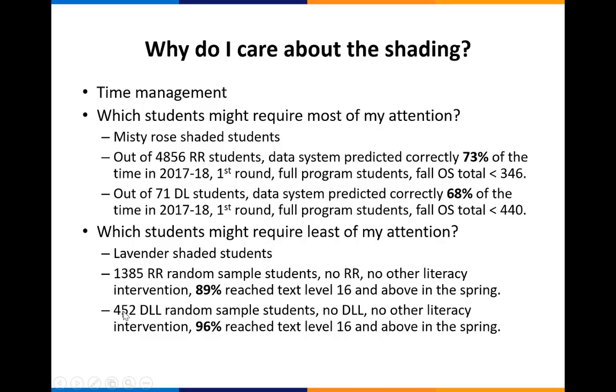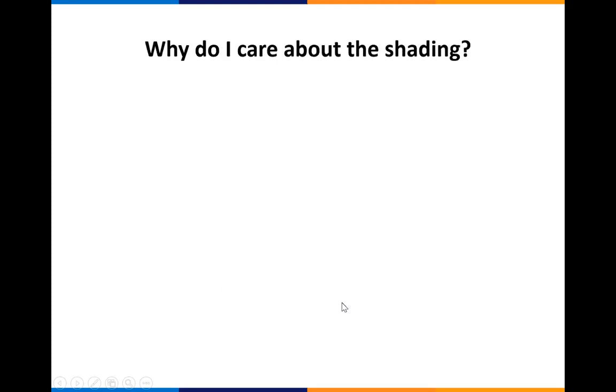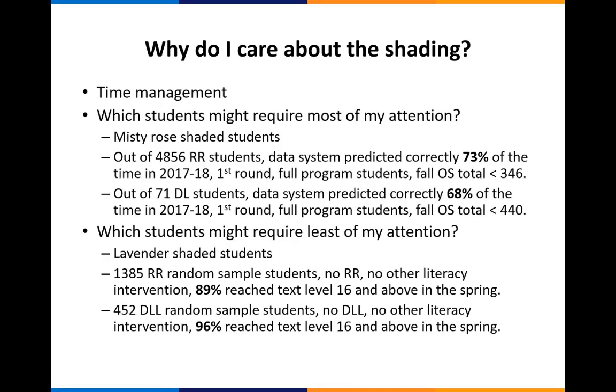With the DLL students, I looked at the DLL random sample. Once again, 452 DLL random sample students that didn't get DLL. I forgot what their OS total score was. It wasn't a 418. Let's go back. It was a total score greater than or equal to 490. And they didn't get DLL, and they didn't get any other literacy intervention.